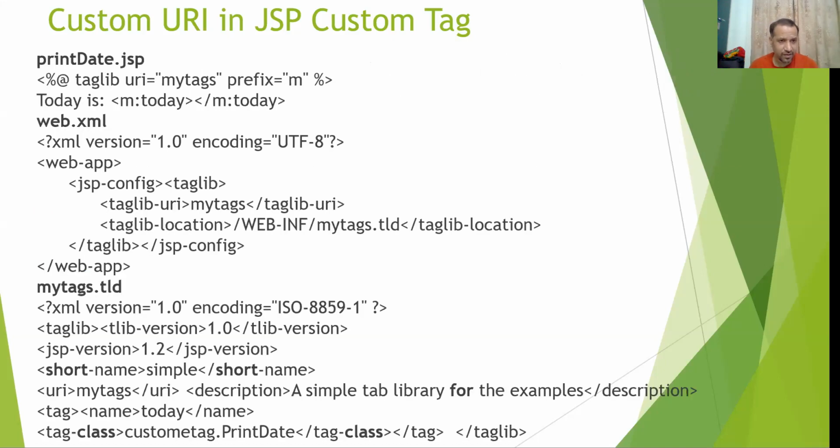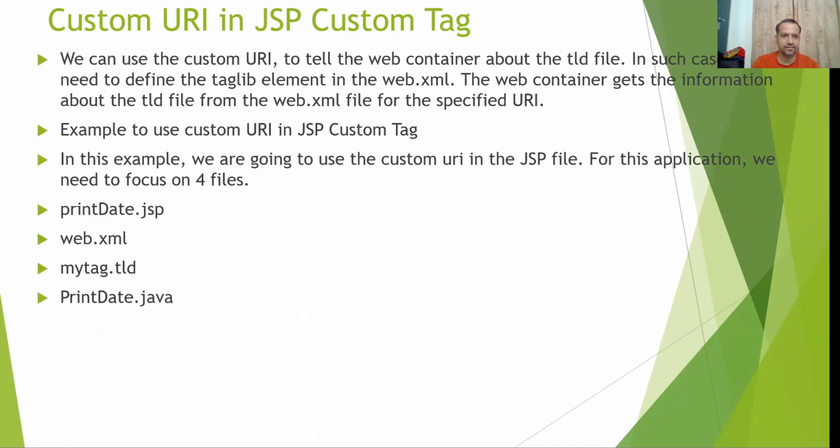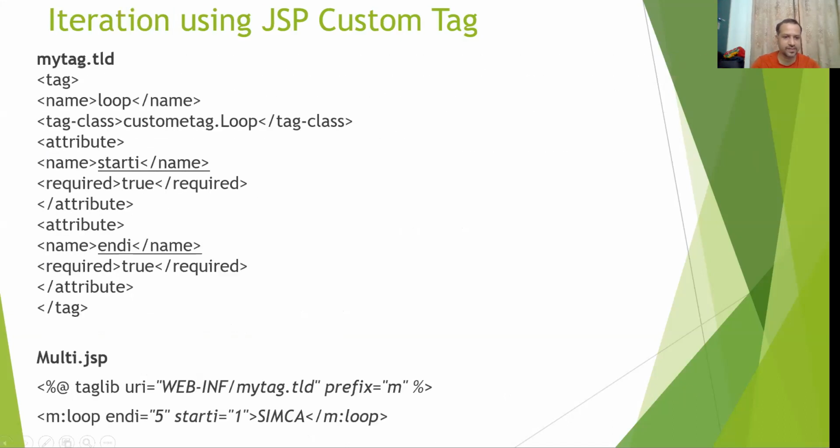Now printdate.jsp, what are the contents of this? The content is my tag. Mytag is the location of that particular URI. In the earlier example, I had to mention web-inf slash mytag.tld.